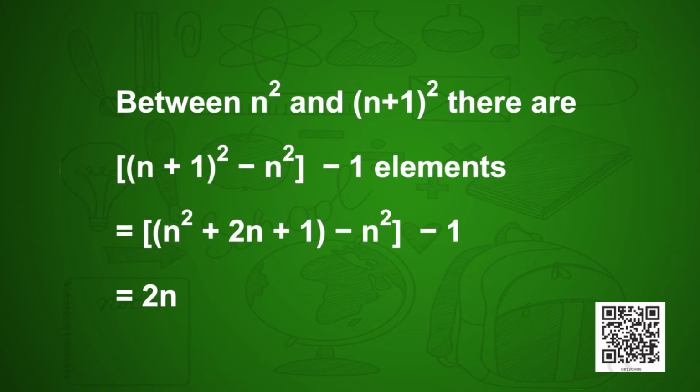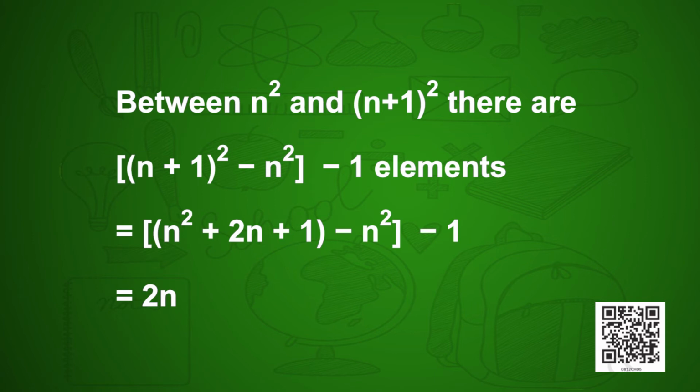So, like this you can observe that whenever you take the numbers which are present between two square numbers, we can always represent it in the following way. For example, when you take two square numbers such as n square and n plus 1 whole square, there are totally n plus 1 whole square minus n square minus 1 elements.